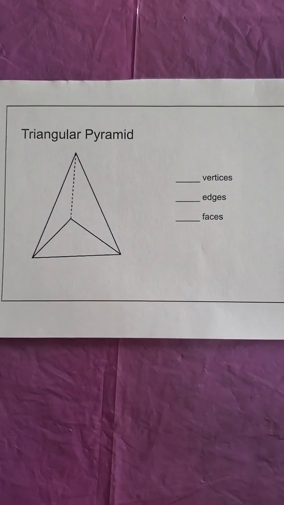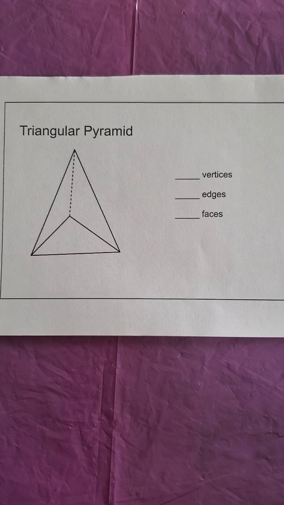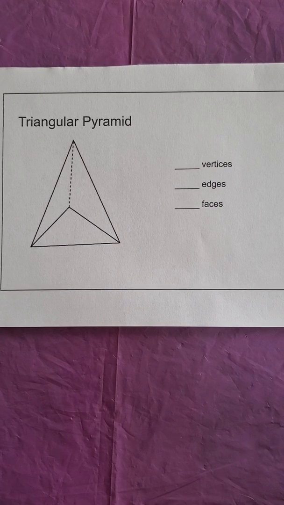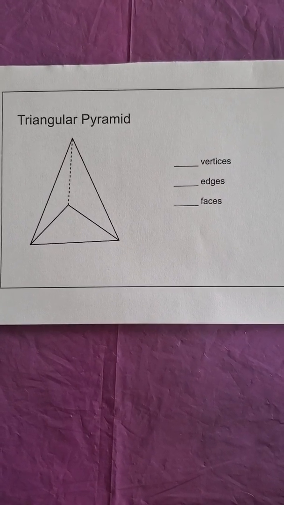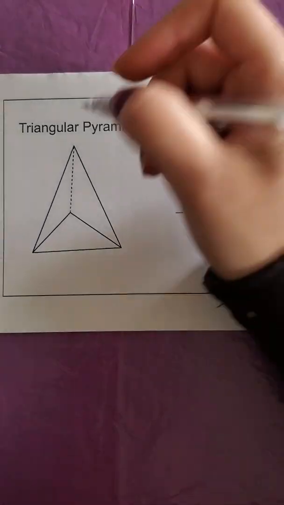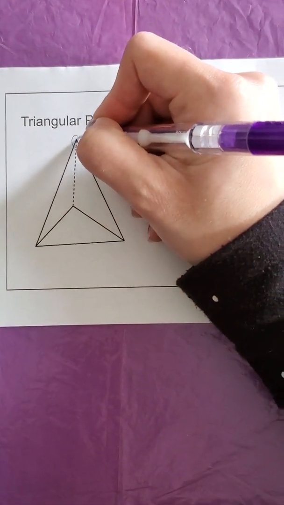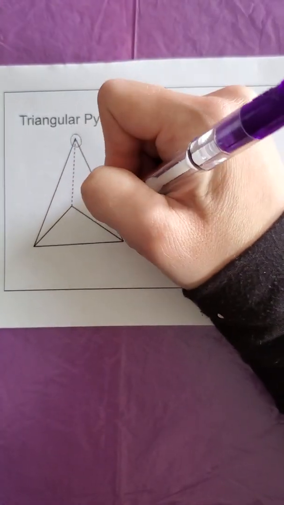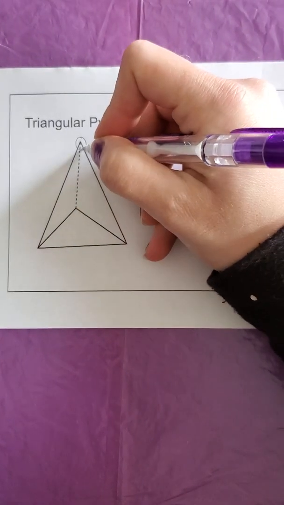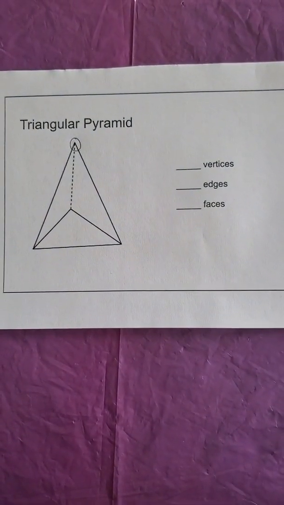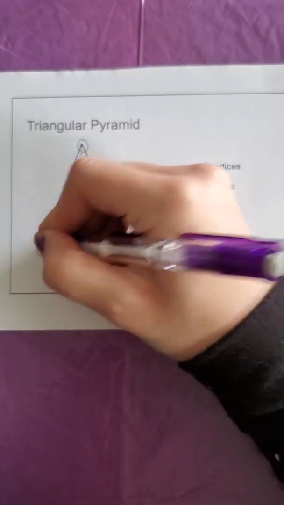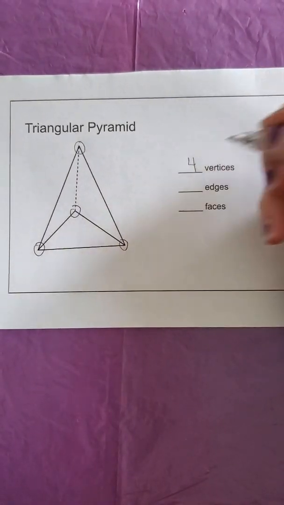Our next pyramid is a triangular pyramid. Now remember, the name it has is by the shape of its base. This base is a triangle, so it's a triangular pyramid. Let's count its vertices. Here is the one common vertex, and all the other shapes are triangular shapes that come up from the base shape to one. So that's one vertex. Let's continue counting. 2, 3, 4. 4 vertices.